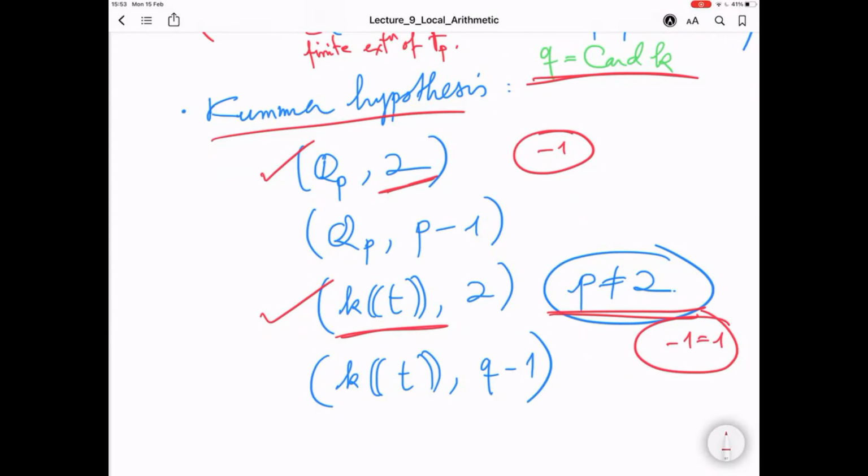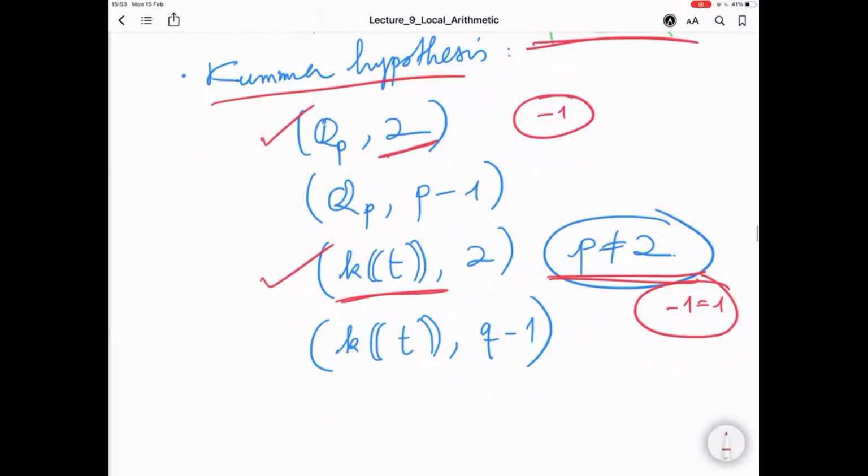So another n for which Q_p satisfies the Kummer hypothesis, for which Q_p contains a primitive nth root of unity, is p-1. We had seen that these are the roots of T^(p-1) minus 1, and they form a set which was sometimes denoted by R star, and it's of order p-1.